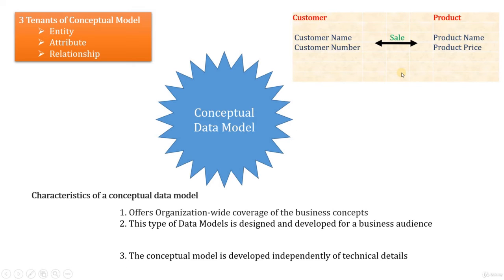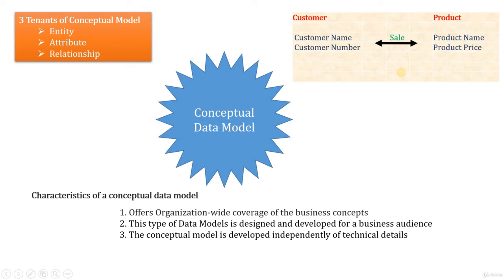The third one: the conceptual model is developed independently of technical details. That means the conceptual model is independent of information like hardware specifications, such as data storage capacity and location, or software specifications like DBMS vendor and technology.